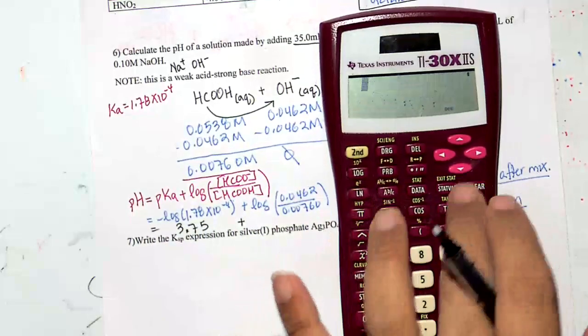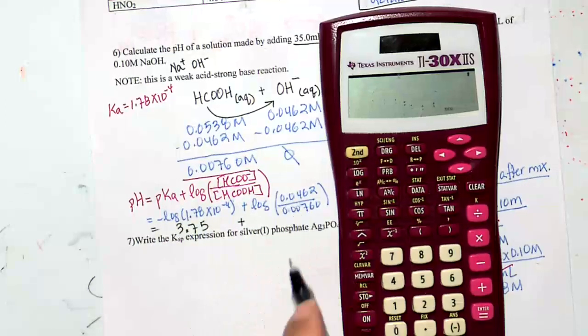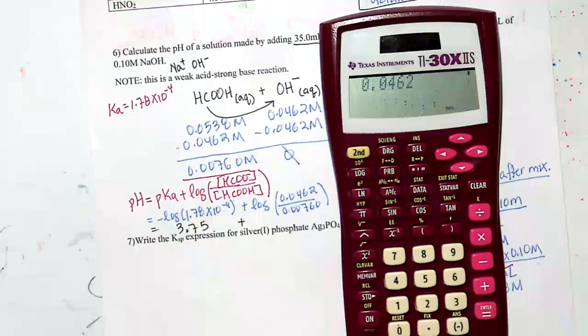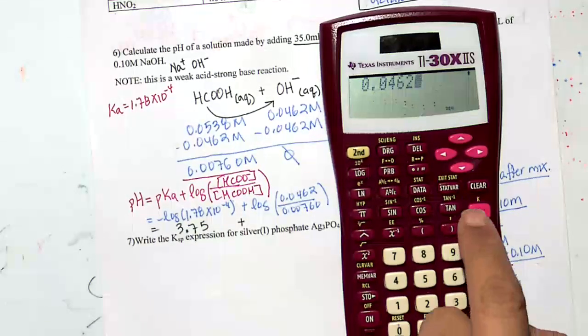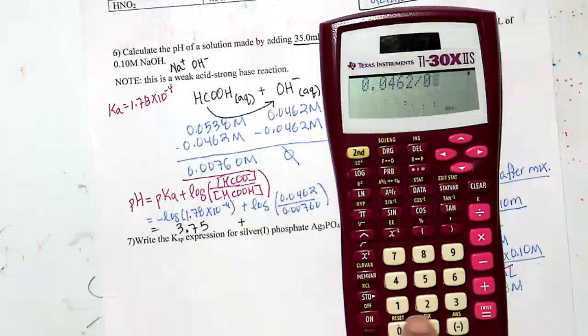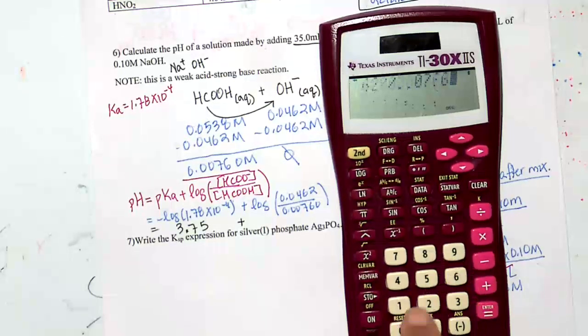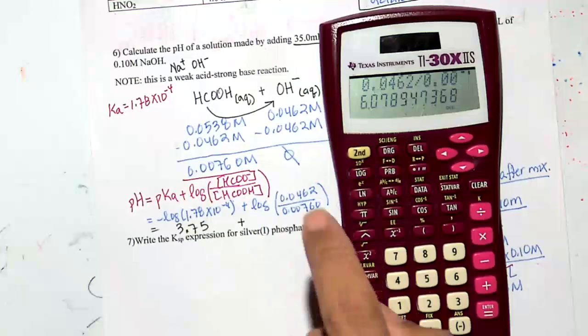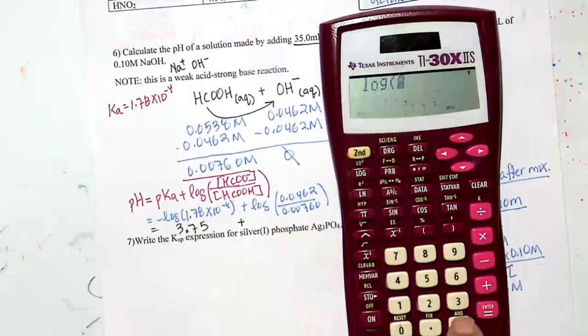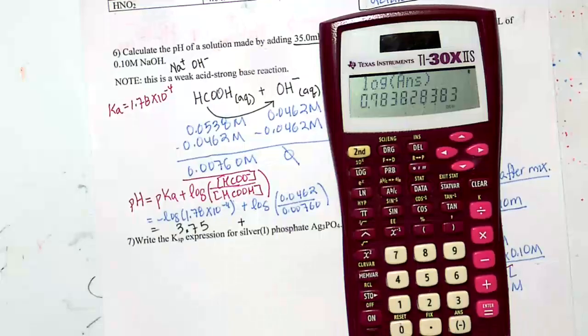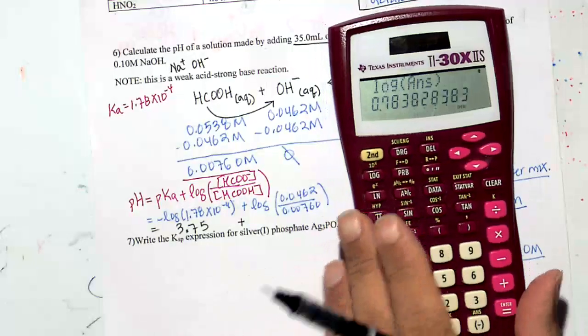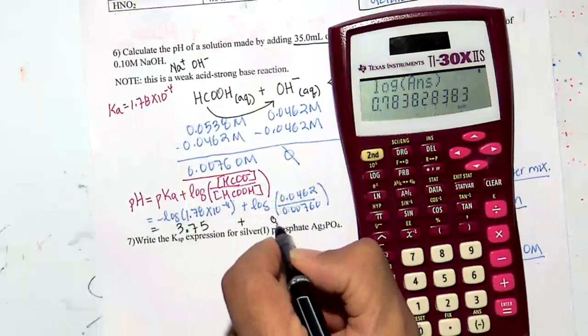How will we do the log of this fraction on our calculator? We'll take 0.0462 divided by 0.00760, and then log that thing. 0.784 or something like that.